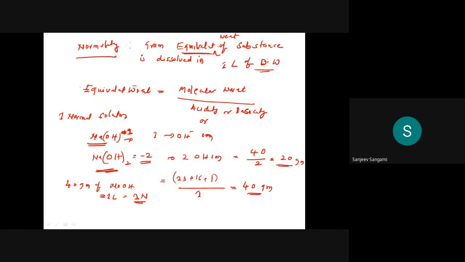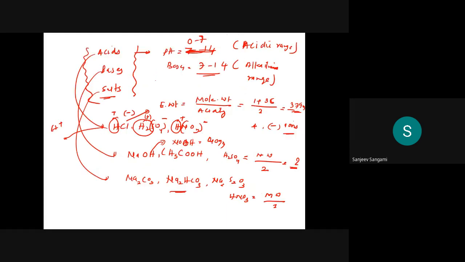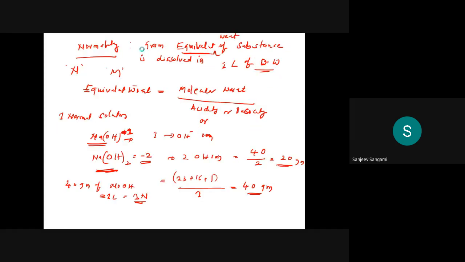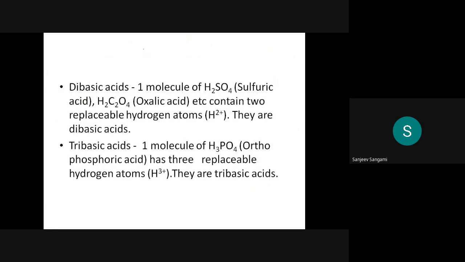Normality is given by the symbol capital N, and molarity is given by the symbol M. So M stands for molarity or molar, and N stands for normal or normality. Then one more that we normally use, the third one, is molality.